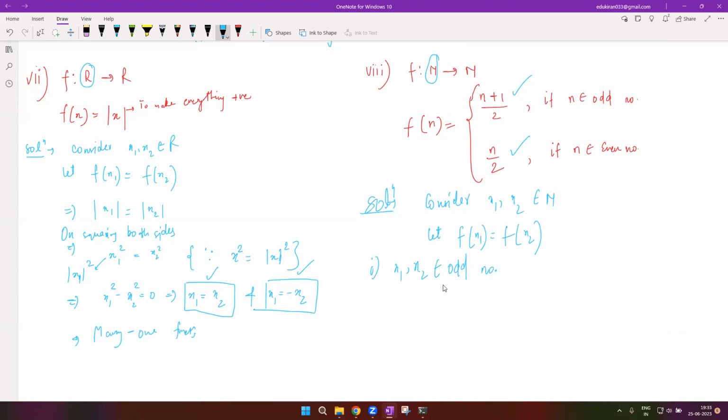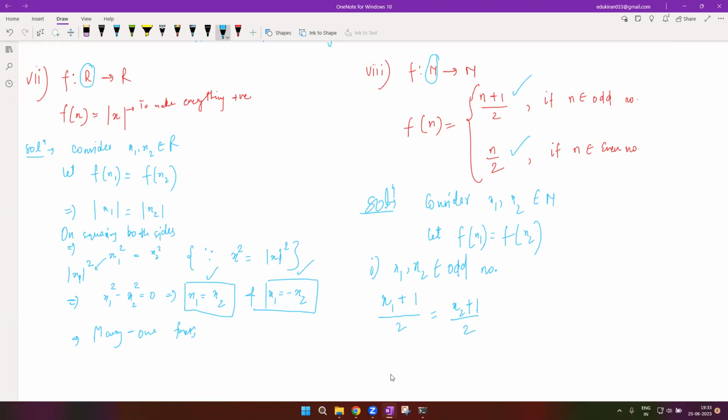If x1 and x2 both are odd numbers, then we know the value of fx1 will be calculated by the first expression, which is (n+1)/2. So instead of n, you replace n with x1. Similarly, x2 is also an odd number, so the value will be (x2+1)/2.